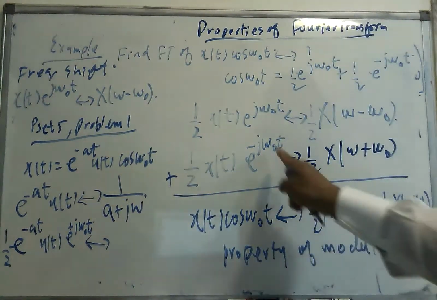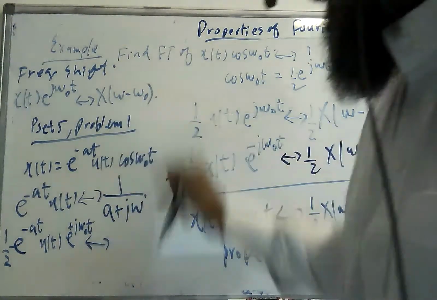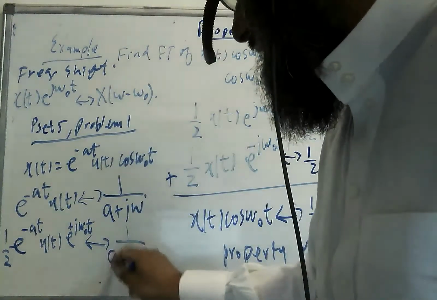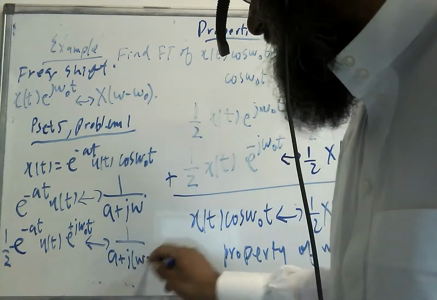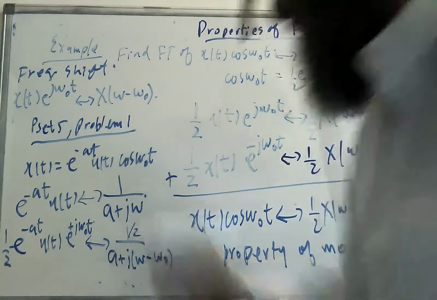Now I know that if I multiply it by plus exponential, so e raised to plus j omega naught t, and also multiply by 1 over 2, the Fourier transform of this will be this function shifted to omega naught. So 1 over a plus j omega minus omega naught, and there is a 1 over 2 here, so I just keep the 1 over 2 here.